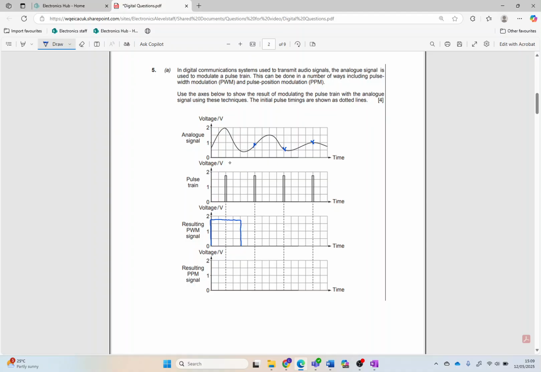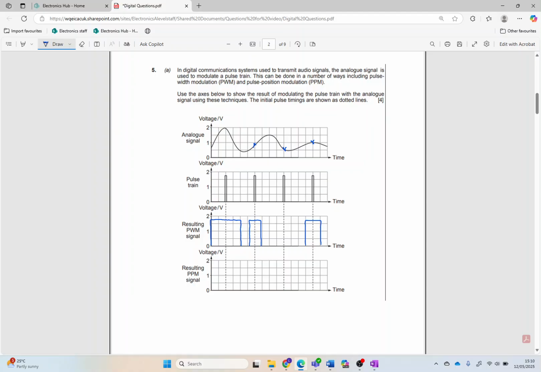Okay, so if I then go to the next highest one down, so therefore the next widest width, this one here is slightly lower voltage than this one here, so I shall go slightly narrower than that one, like so.